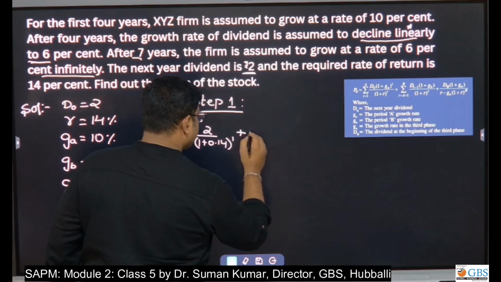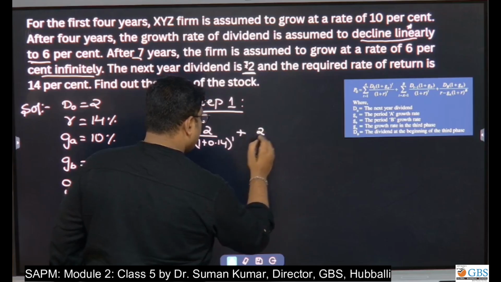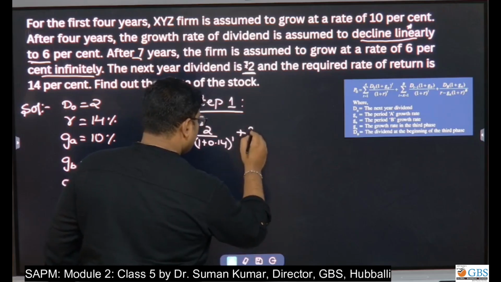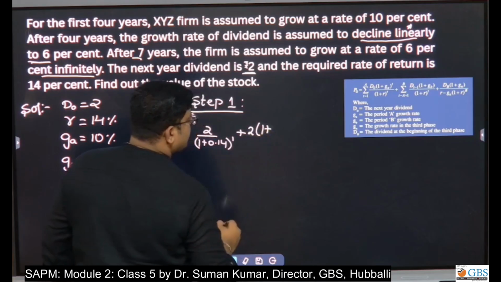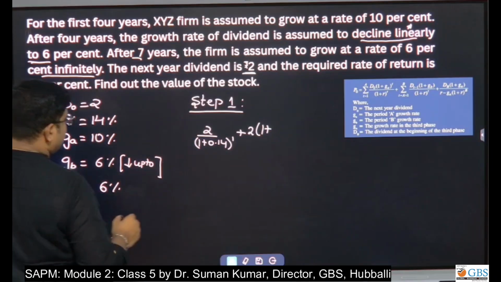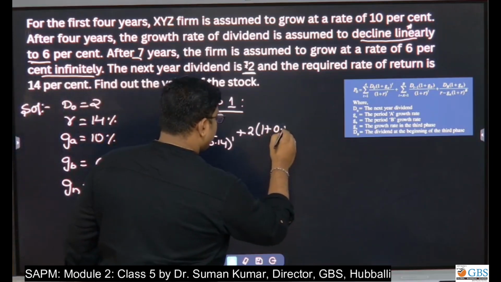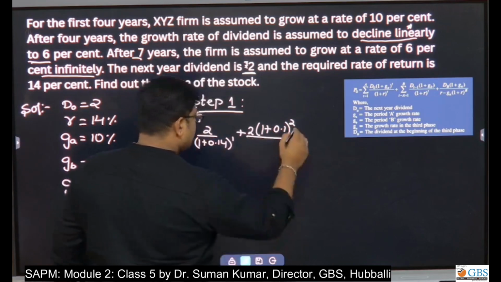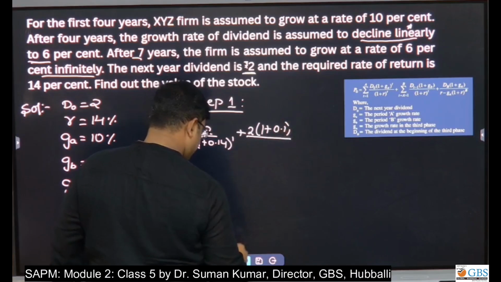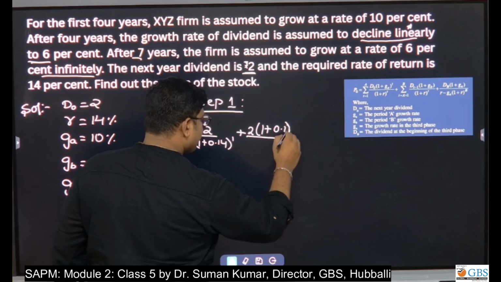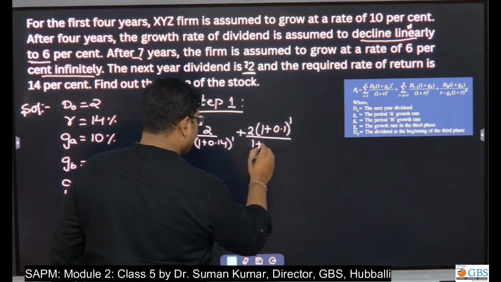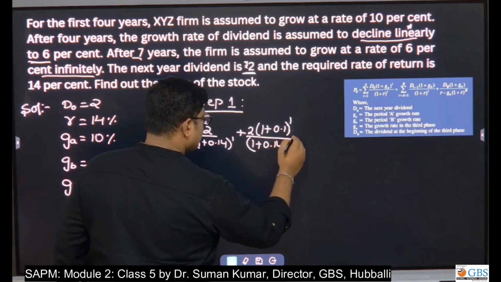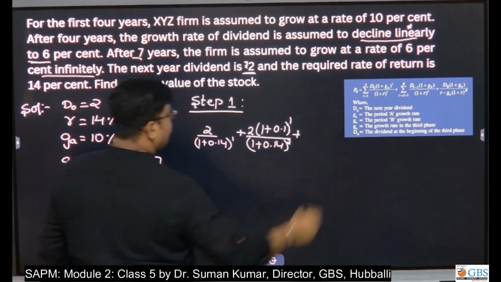Next is 2 into 1 plus GA, that is 1 plus 0.1, raised to 1, divided by 1 plus 0.14 raised to 2, and it goes on for 4 years.